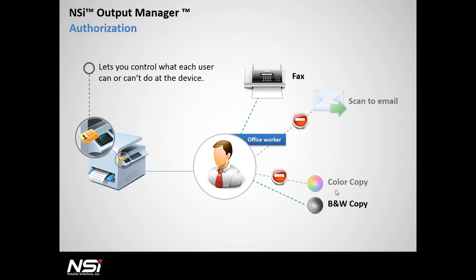Also, for security reasons, we've locked the system so you can't scan to email, because with patient records, etc., you don't want them to go out in the wrong place, so we lock that functionality altogether. But in this case, this person is allowed to fax. So any functionality on the device, we can lock and open for each individual user or user group or department, etc.